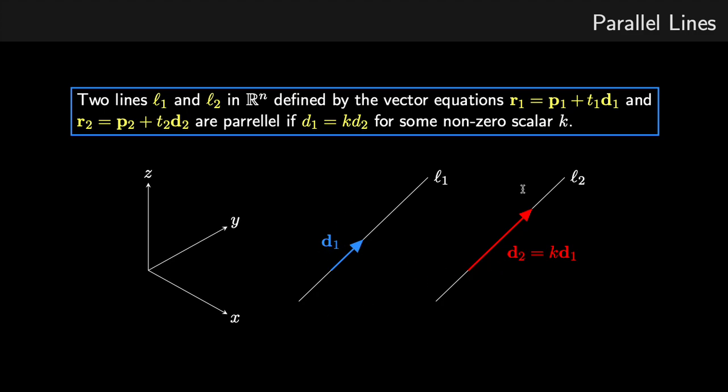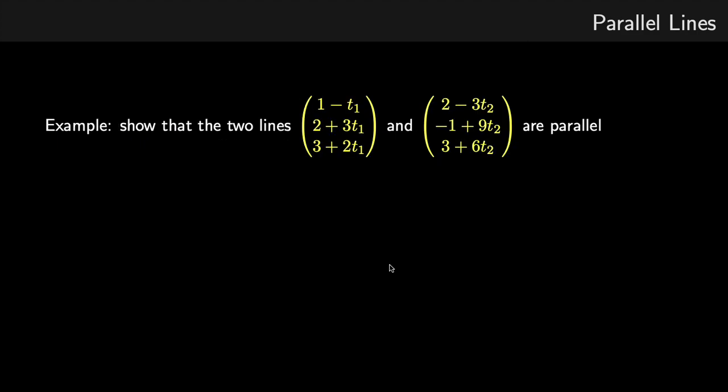Geometrically speaking, here we have L1, with direction vector d1, and here we have L2, where the direction vector d2 is some scalar k multiplied by d1. These are parallel lines, and parallel lines will never intersect.